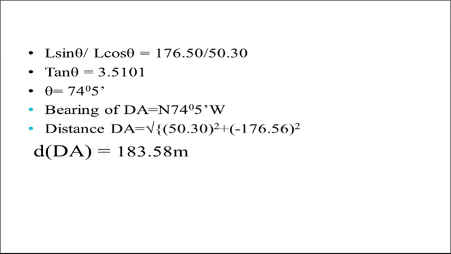Here also there is no necessity of considering the sign, just substitute the value, and after calculation we get the distance DA, or length of line DA, equal to 183.58. So whatever missing data of line DA, the bearing and the length, we have calculated. So thank you.